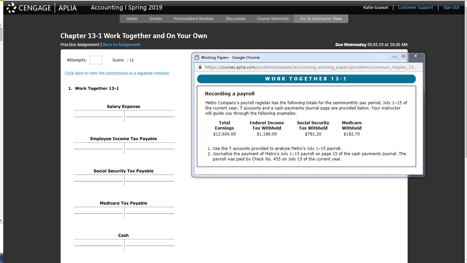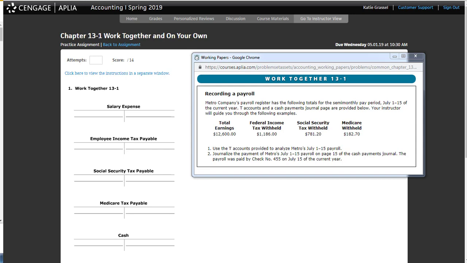So what we have is we're going to have columns from our payroll register. So we're going to have federal income tax.